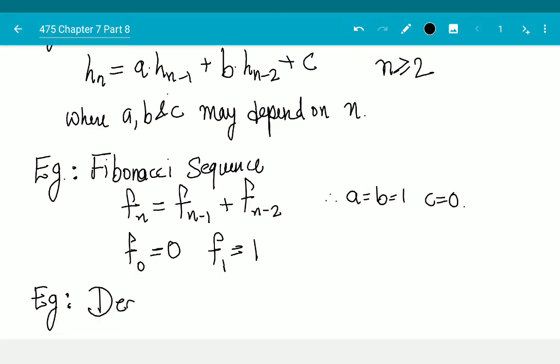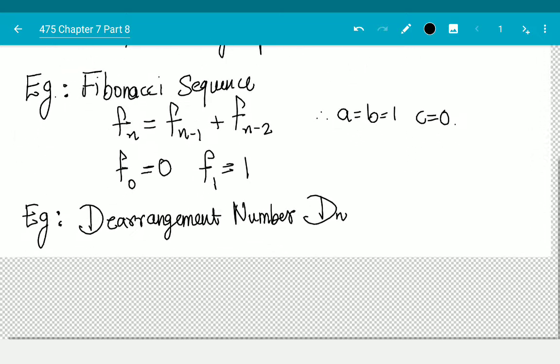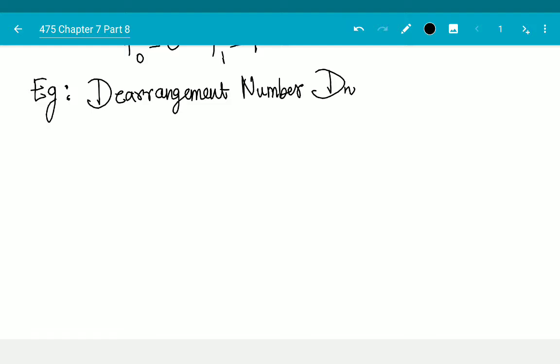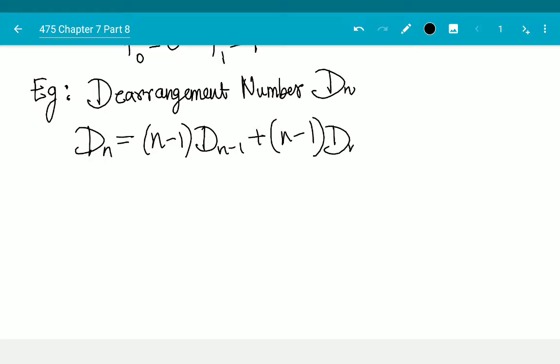Another example that you have seen before that you perhaps might have forgotten are the derangement numbers D n. We saw these before, and they had D n is equal to n minus 1 times D n minus 1 plus D n minus 2, but we are going to write it as n minus 1 times D n minus 1 plus n minus 1 times D n minus 2 for n greater than or equal to 2, with again D of 0 is equal to 1, D of 1 is equal to 0.